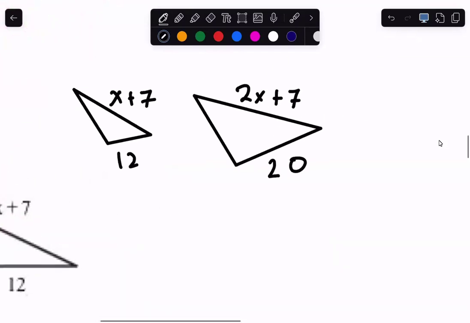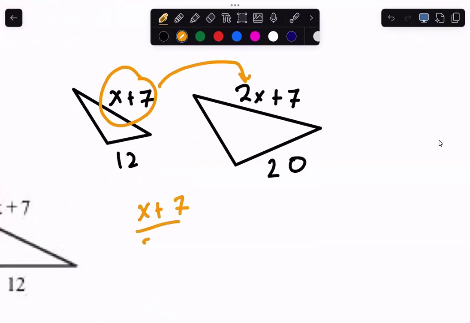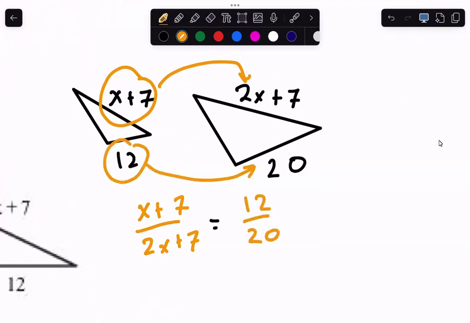And then you could just write the proportion x plus 7 over 2x plus 7 is equal to 12 over 20.